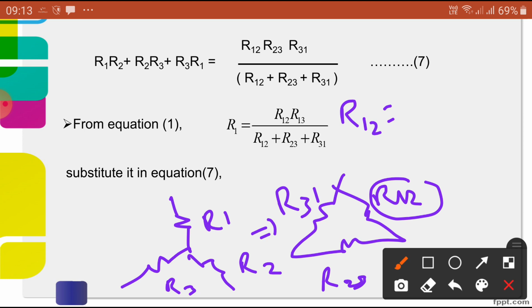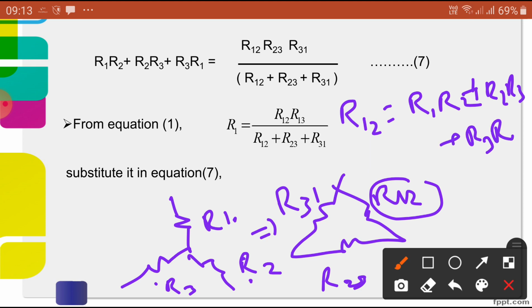That is equal to R1 R2, this one and this two, plus this one and this two, R2 R3, plus R3 and R1 multiplication, this into this plus this into this plus this into this. Okay, all divided by the opposite resistance. For R12, you write the opposite resistance required here.